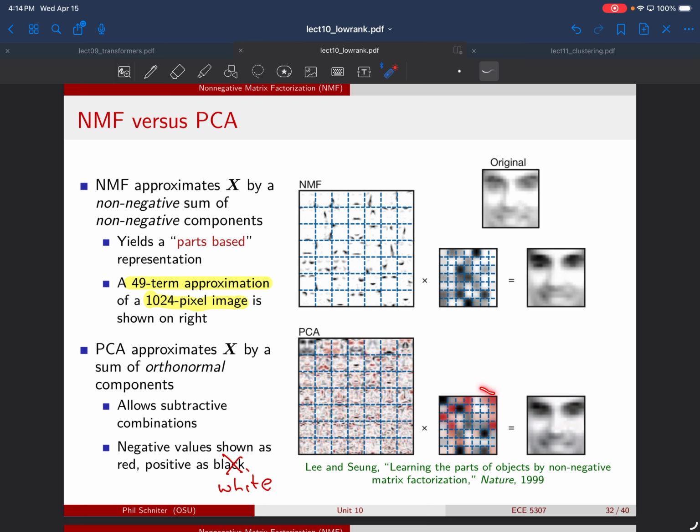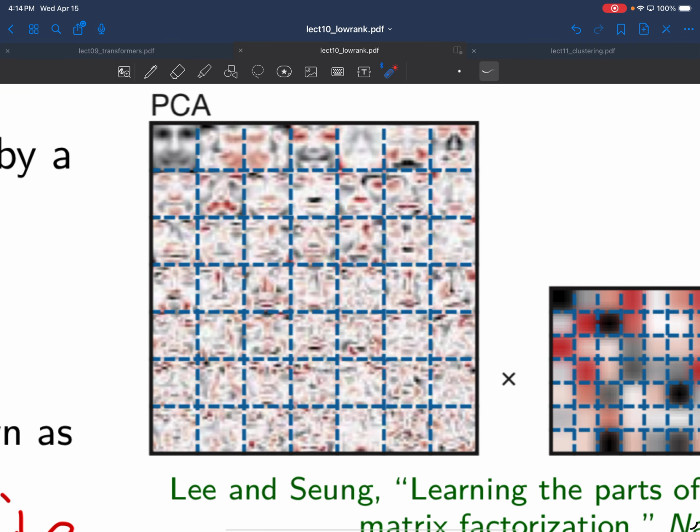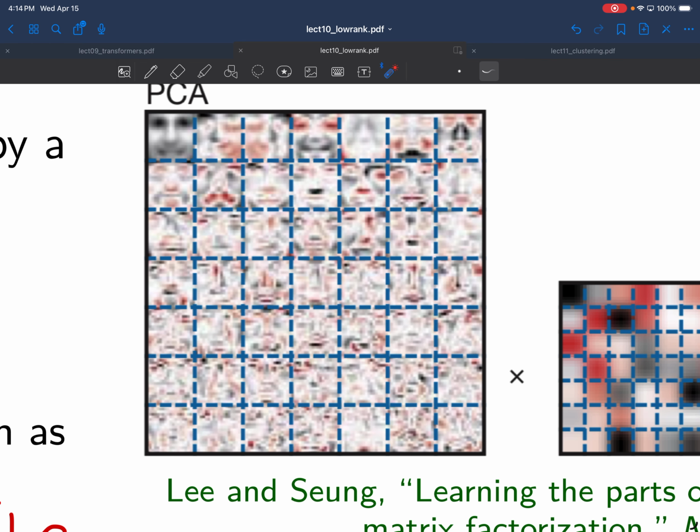And here are the coefficients that are used to scale each one of these eigenfaces, so that when you take this eigenface times this coefficient plus this eigenface times this coefficient and so on, it puts together this approximation of this original image. And when you look at the eigenfaces, they're kind of hard to interpret. They're just positive and negative entries.